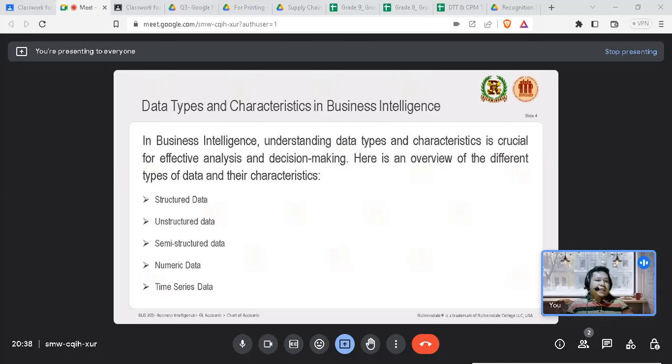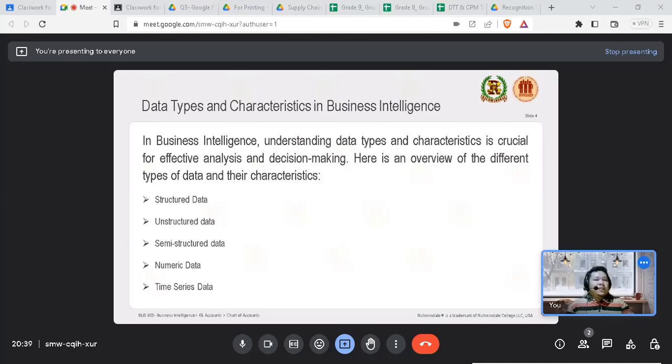It is essential for monitoring operational performance metrics, such as production output, efficiency ratios, cycle times, defect rates, and service level agreements, or SLAs. These metrics provide insights into operational efficiency, quality control, and process improvement opportunities.